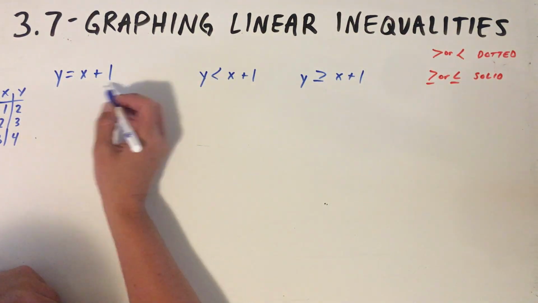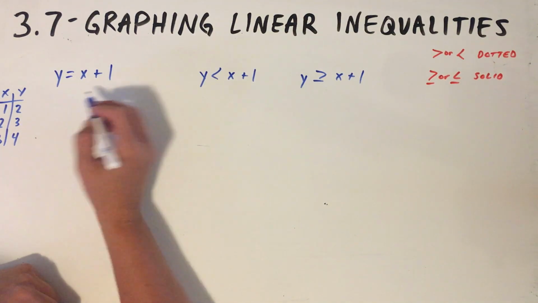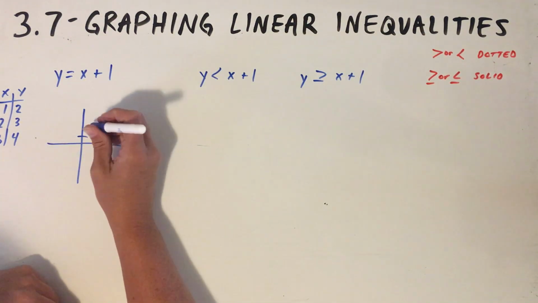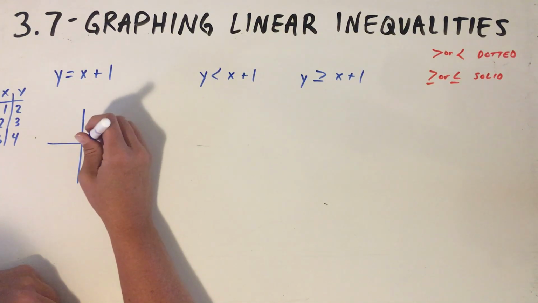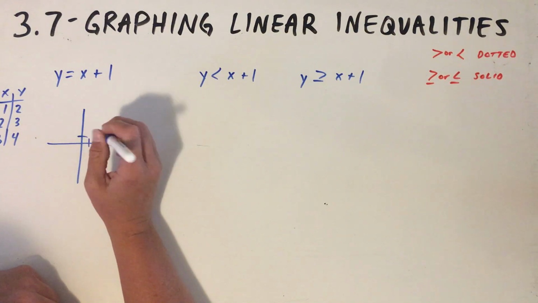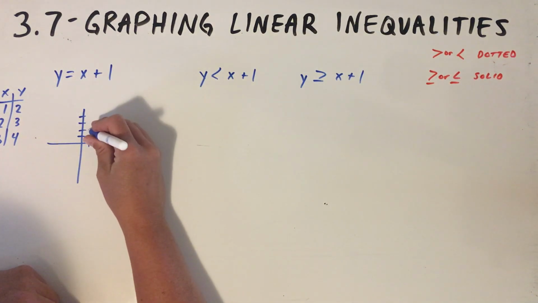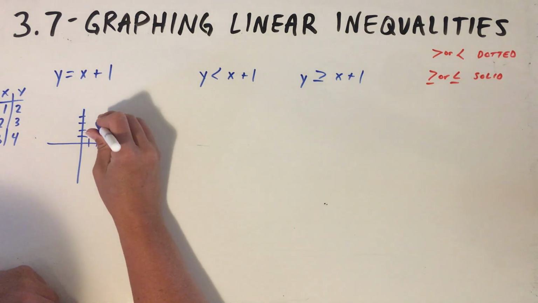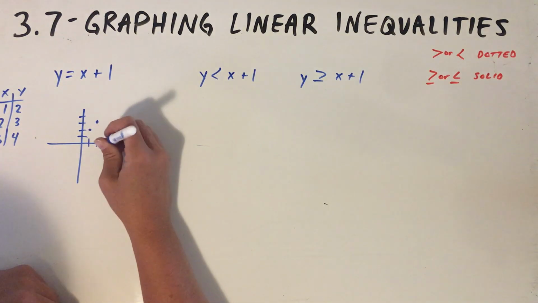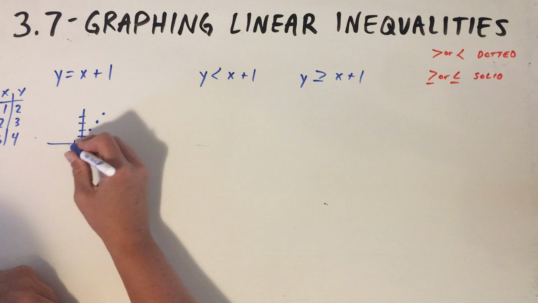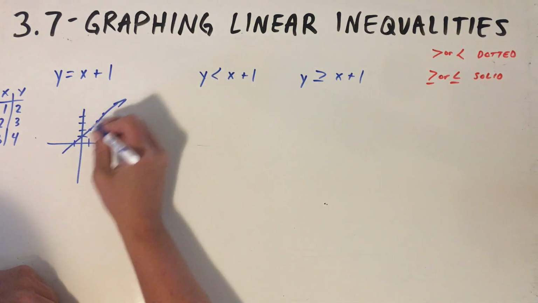The way that I draw the picture of all of the possible solutions of this line is I go to the point 1, 2, I go to the point 2, 3, I go to the point 3, 4, etc. And this line then looks like this.